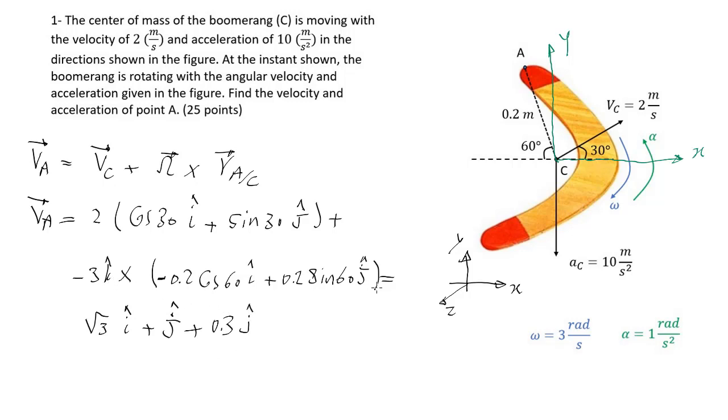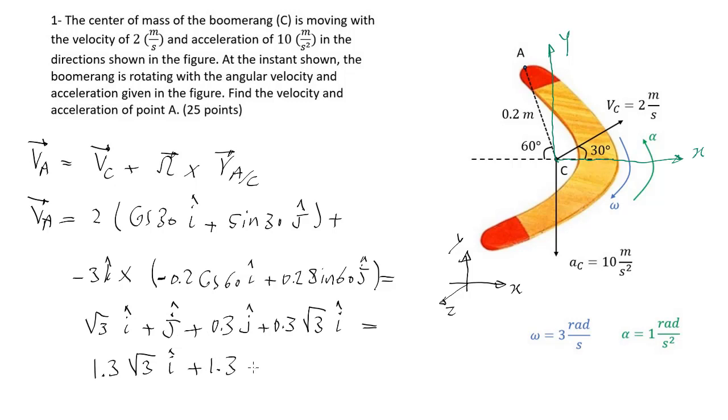And here we have k cross j. K cross j is minus I. We have a minus here, that's positive, so that's 0.6 times sine 60. Sine 60 is square root of 3 over 2, so that is 0.3 square root of 3 in the I direction. So for the I direction we have 1.3 square root of 3, and in the j direction we have 1.3.